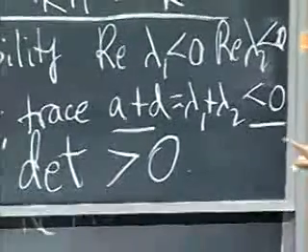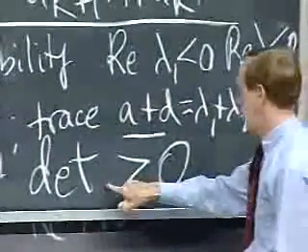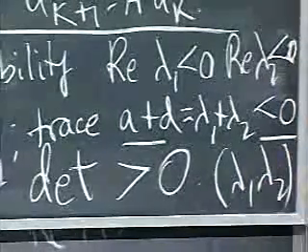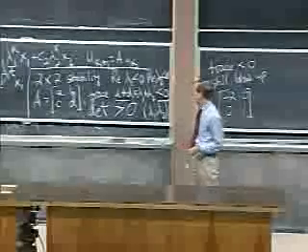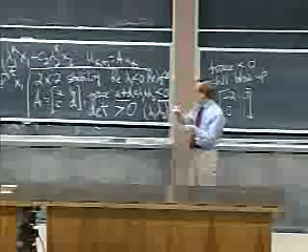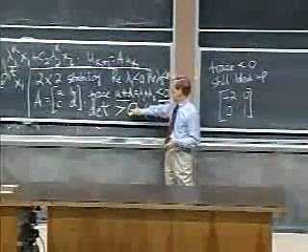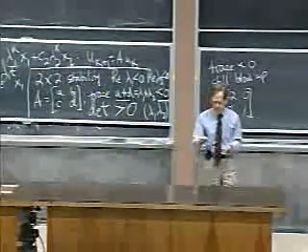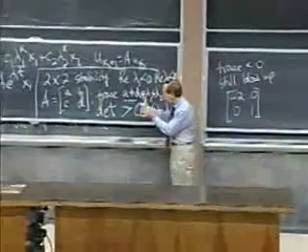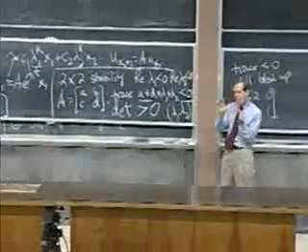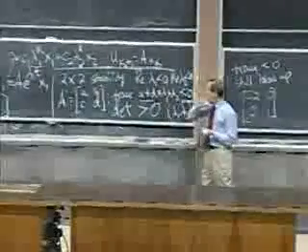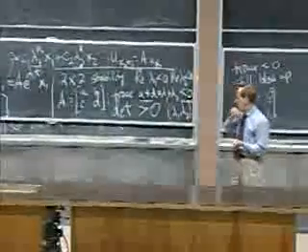So this determinant is lambda 1 times lambda 2, and if they're both negative, the product is positive. So positive determinant, negative trace. I can easily track down this condition also for if there's an imaginary part hanging around. So that's a small but quite useful comment on stability, because 2 by 2 is always important.